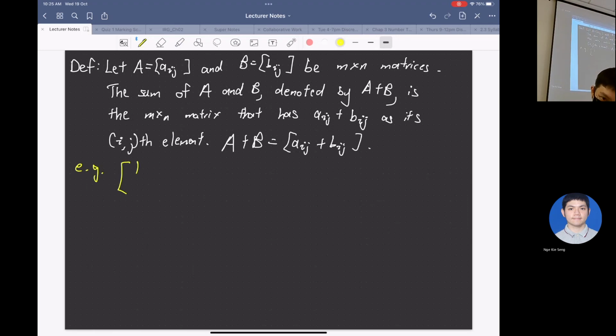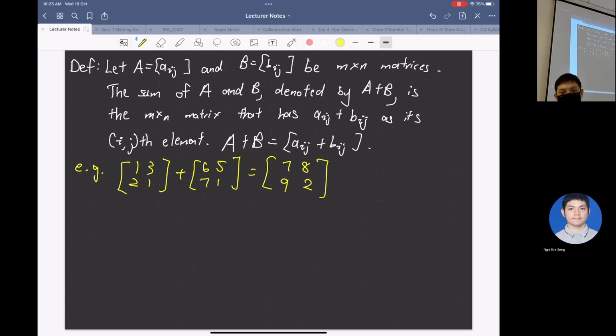For example, if you want to add these two matrices together, what do you get? 7, 8, 9, 2. Okay. So next, as your friend suggests, we can multiply them together.